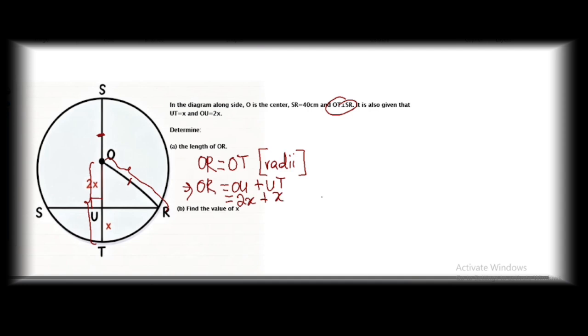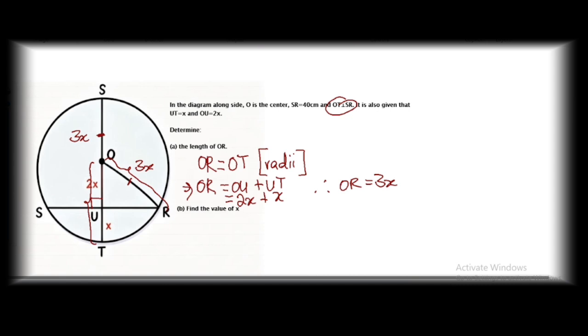And where there is UT, you substitute x, giving us OR equals to 3x. This implies that OR will be 3x, and also OS will be equals to 3x. So now, let's find the value of x.